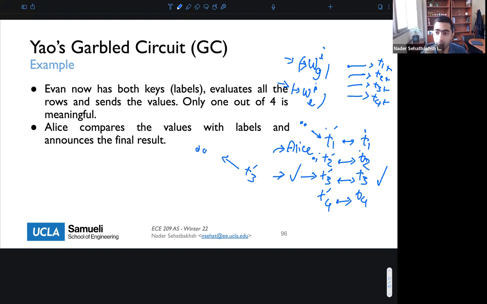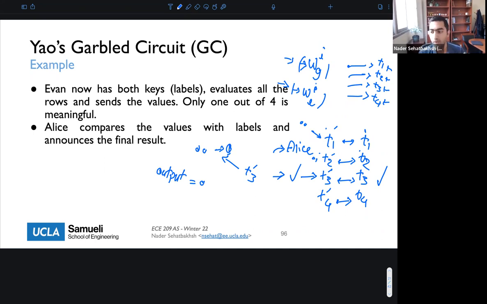So in that case, she will announce that the output is 0, 0, which in the truth table, 0, 0 is equal to 0. So she's going to say that the output of this gate is 0. All right. So that's at the end of the day what Alice will report.